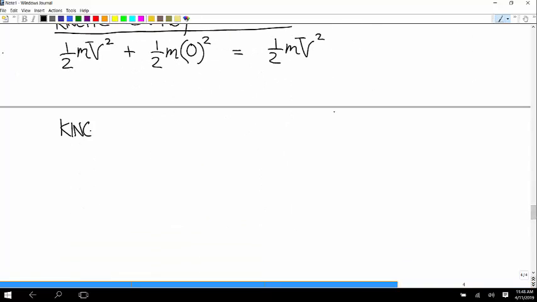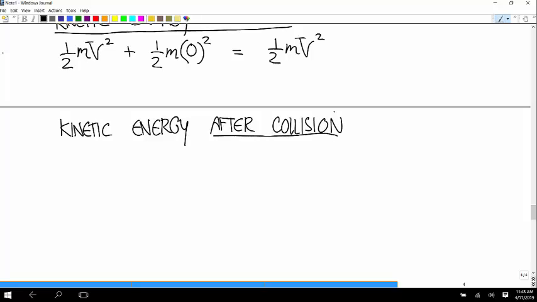So now the kinetic energy after the collision, that's going to be 1/2 times the mass of the first one times its speed squared, v1 squared, plus 1/2 times the mass of the second one times its speed squared.